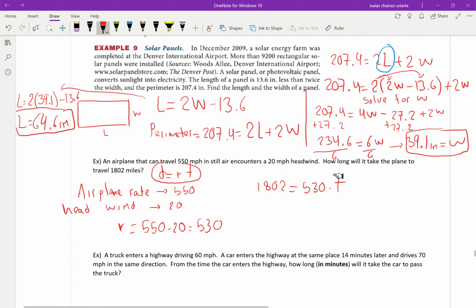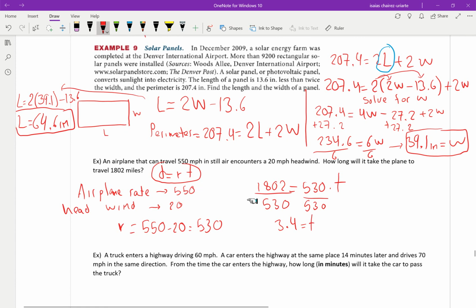Okay, well, now that we have this set up, it's easy to solve for the time. All we have to do is divide by 530. And if we do that, we should end up with 3.4 as my time. And originally we started, the rates are being measured in miles per hour.